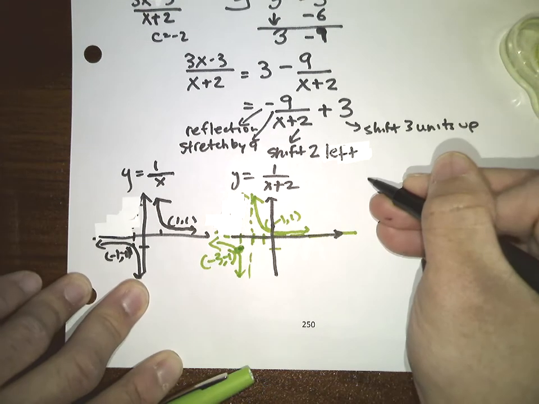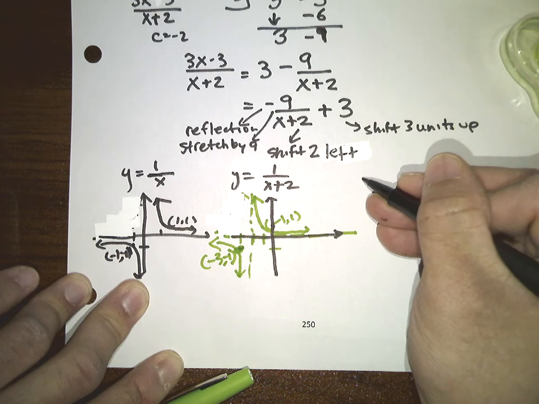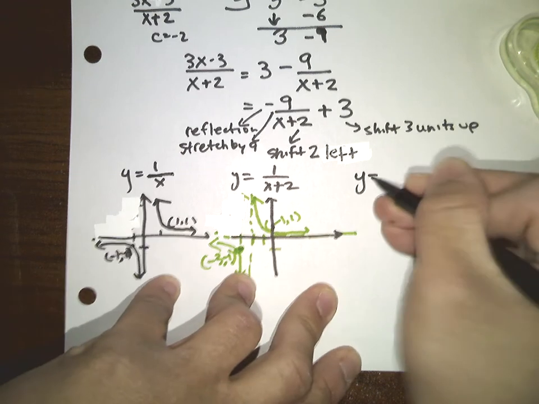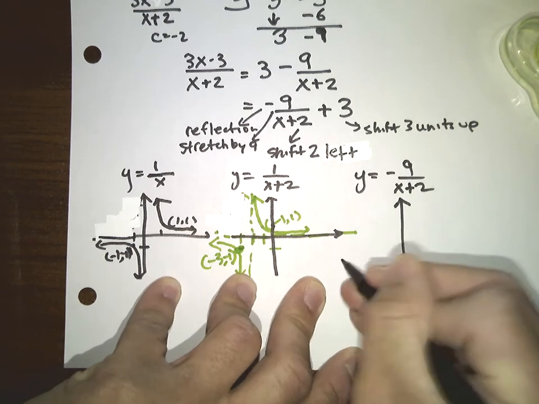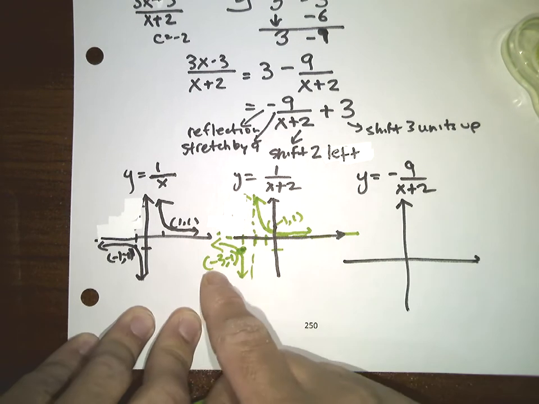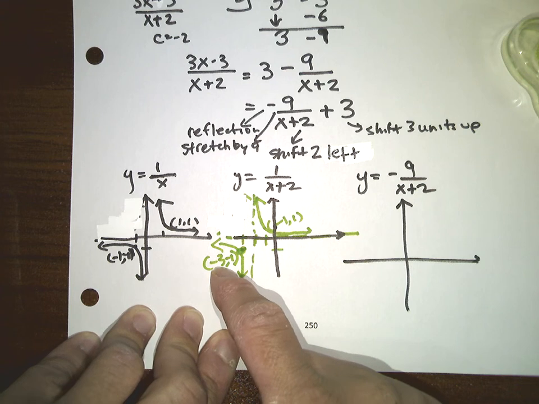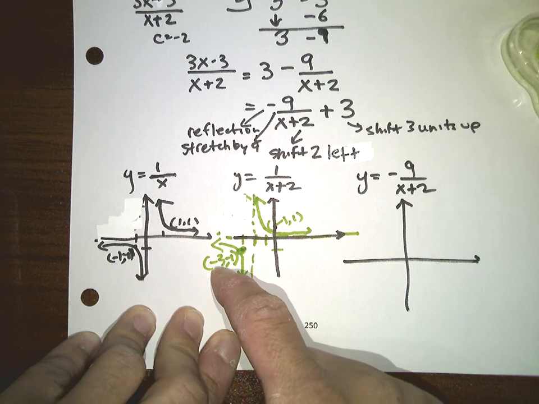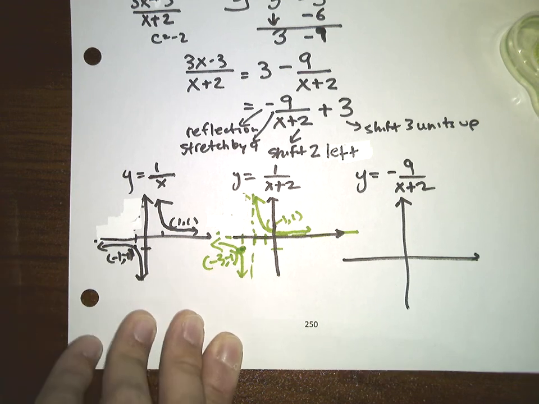Now we need to reflect this. So y is negative 9 over x plus 2. If I reflect this, that means the negative 3, negative 1 becomes negative 3 and, where is it?